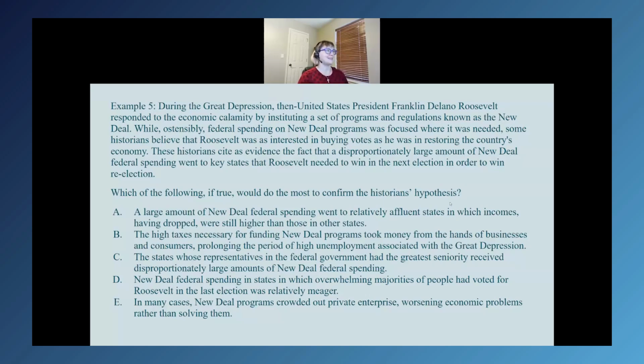Okay. During the Great Depression, then United States President Franklin Delano Roosevelt responded to the economic calamity by instituting a set of programs and regulations known as the New Deal.